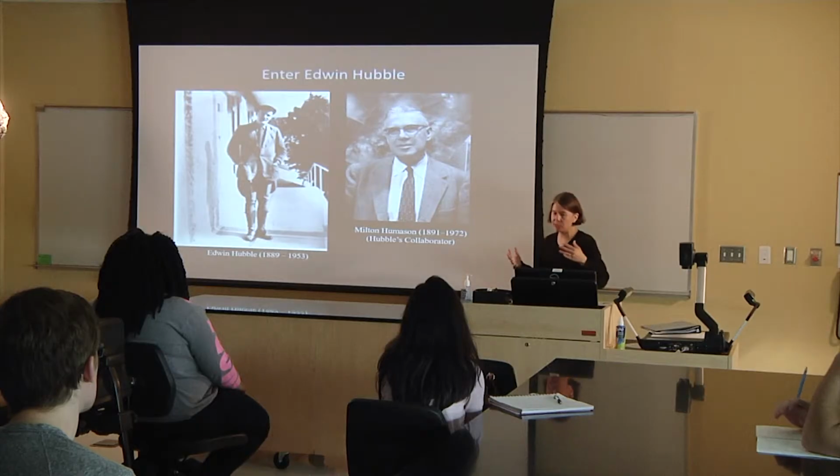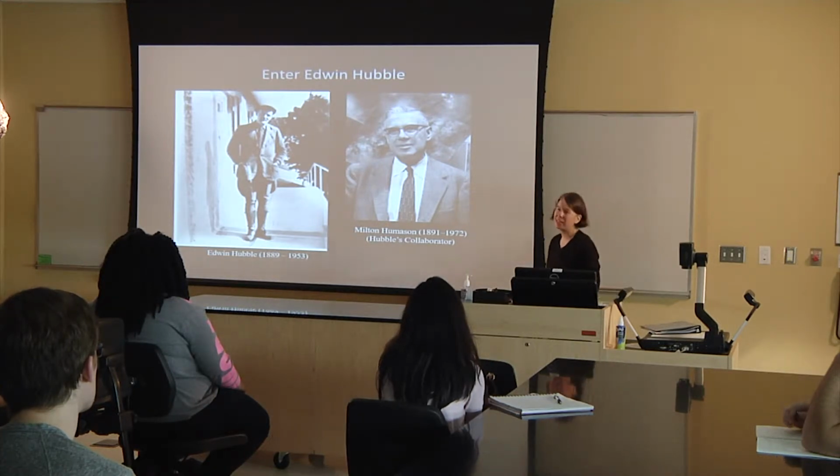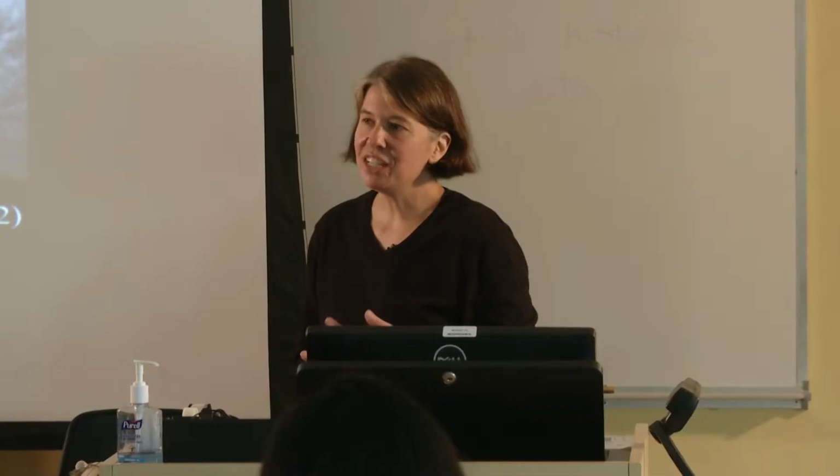And he was first like bringing equipment up and down the mountain. Then he worked as a janitor at the observatory, and then he was kind of a night assistant. And eventually he started working with Hubble, and he made such an impression that he was taken on as an astronomer at Mount Wilson and published with Hubble a very important paper on the nature of the universe.